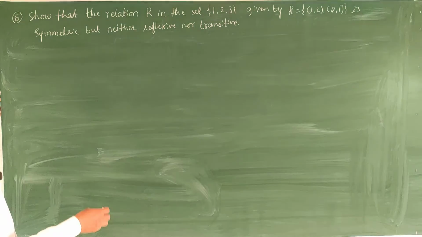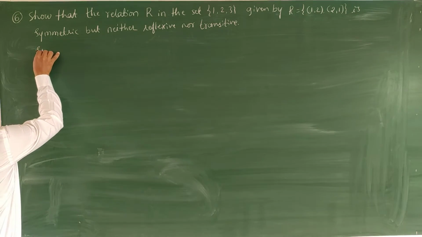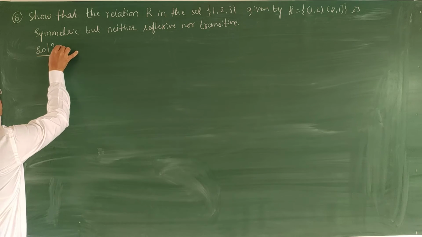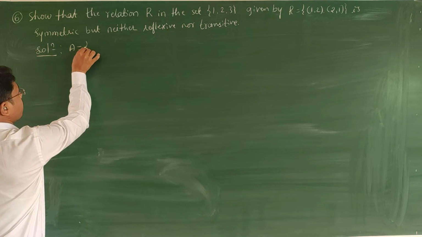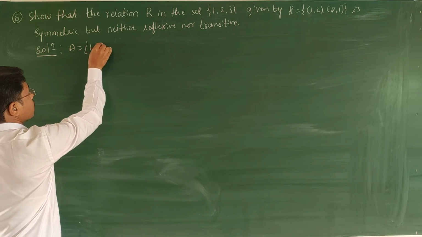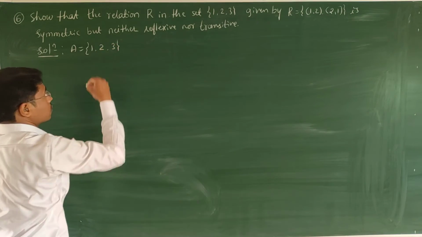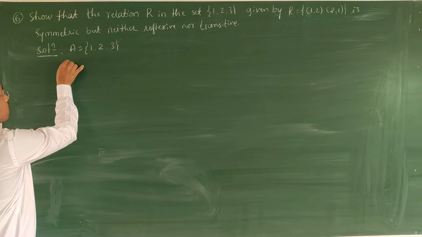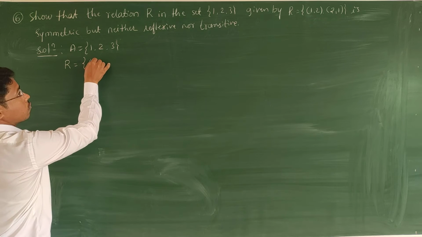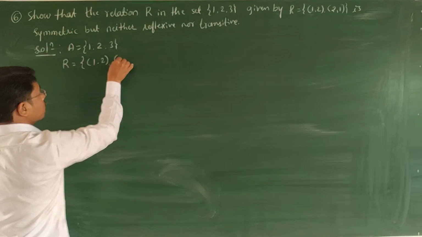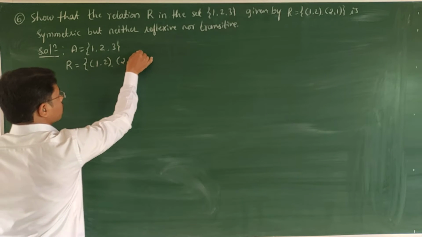Okay. So the given set, I will name it as A = {1, 2, 3}, right? R = {(1, 2), (2, 1)}.